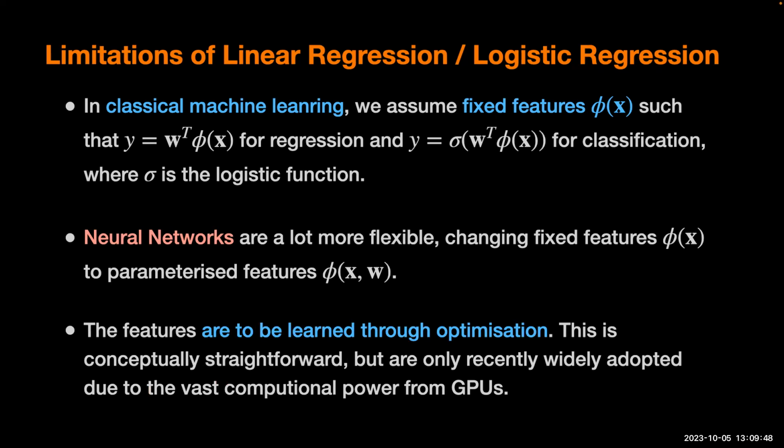There is a reason why, as we will see, the idea of a neural network is not new. It did not come in 2010. It came in like 1960, right?